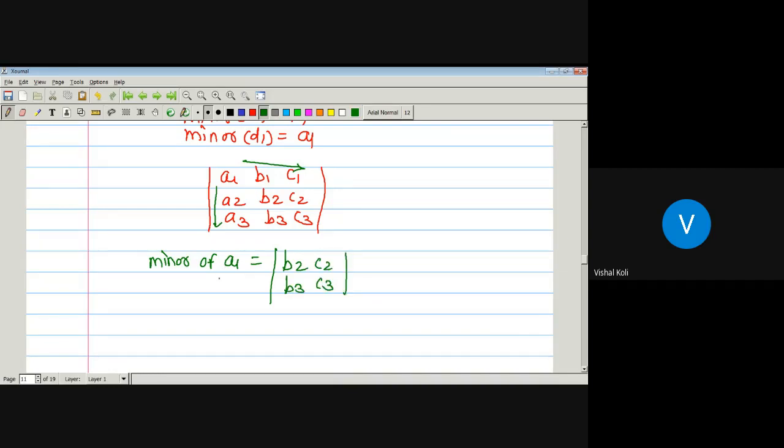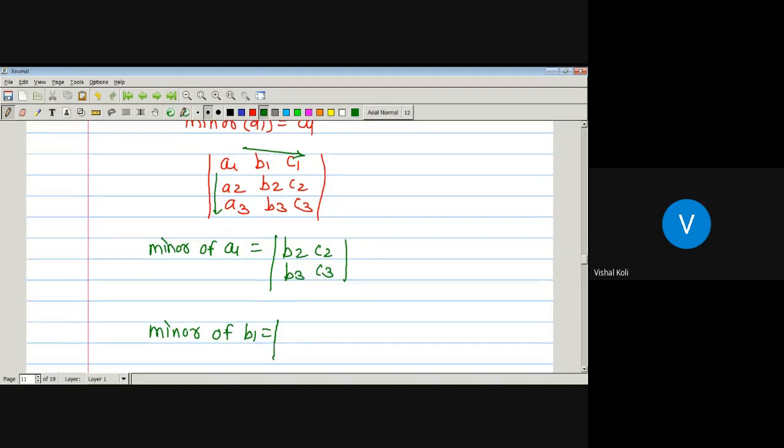So this is the minor of element A1. Similarly, the minor of element B1: suppress its column and row, then the remaining elements are A2, C2, A3, C3. Now, suppose we have to find the minor of element B2.